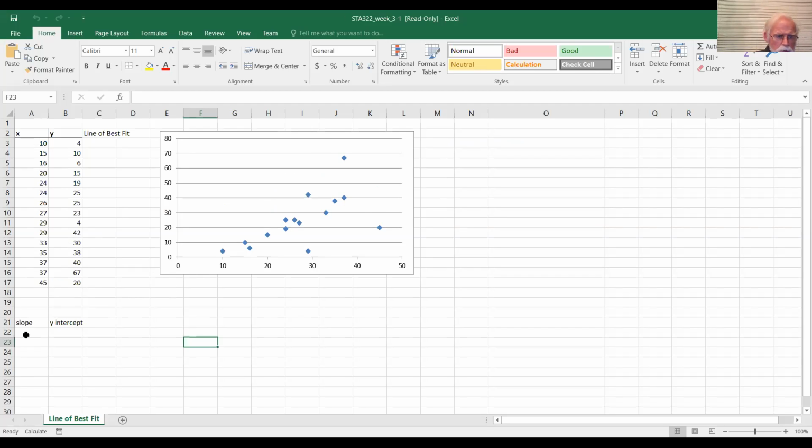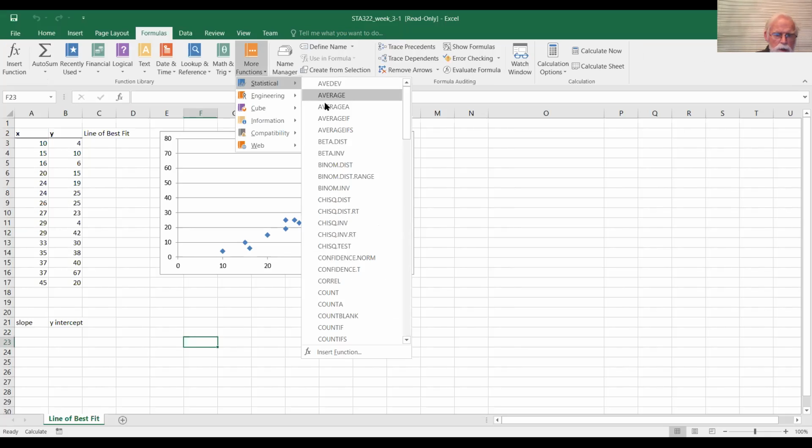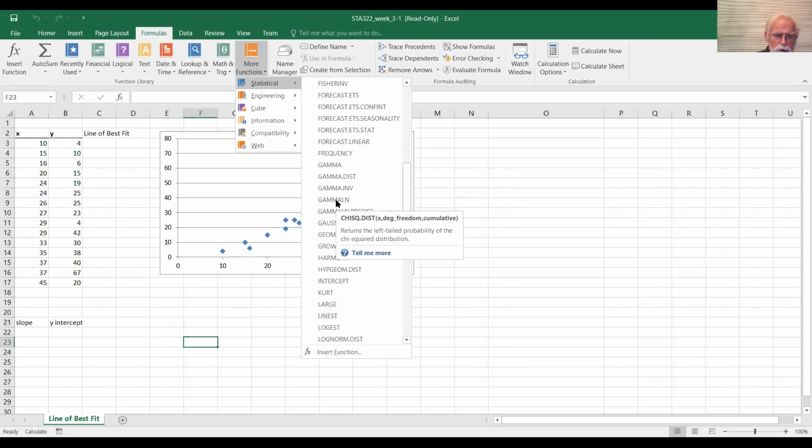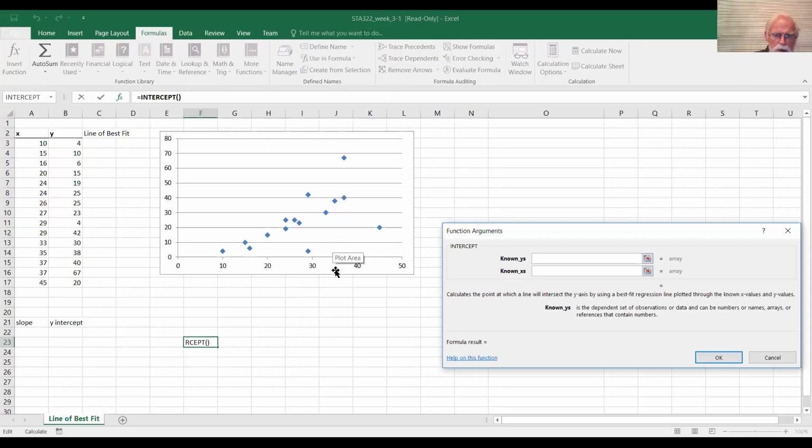So what you want to do is calculate the slope and the intercept. Now, let's do one quick thing here, and I'll show you how the formulas are used to do this particular set of calculations. We'll calculate the y-intercept first.